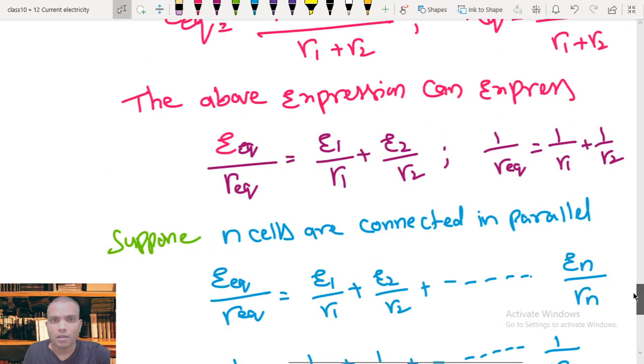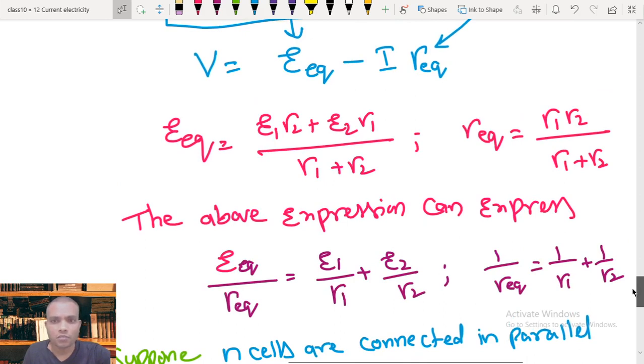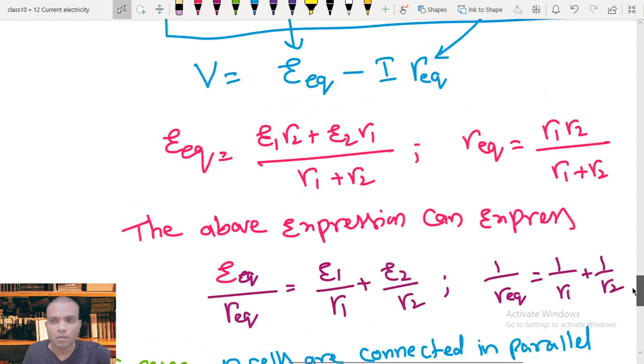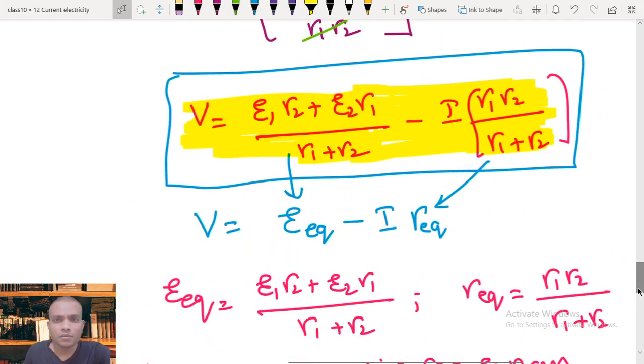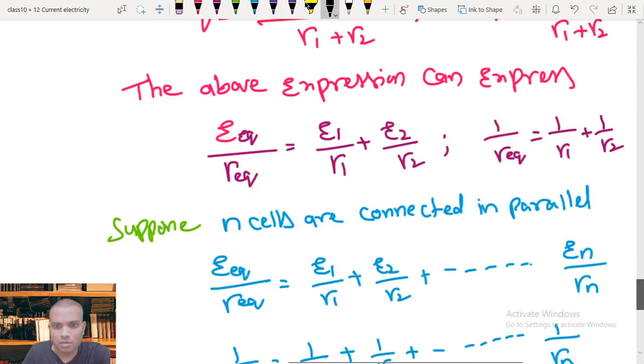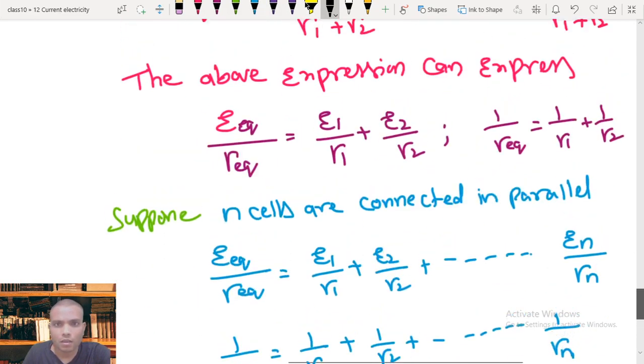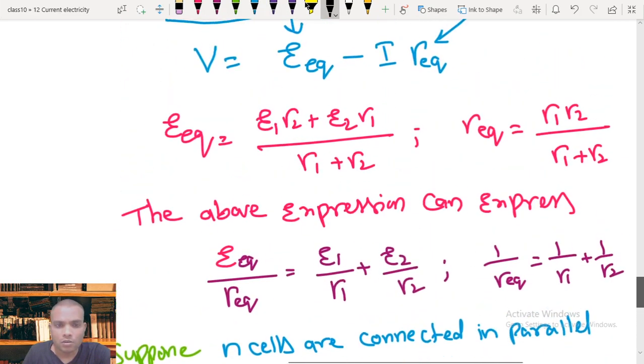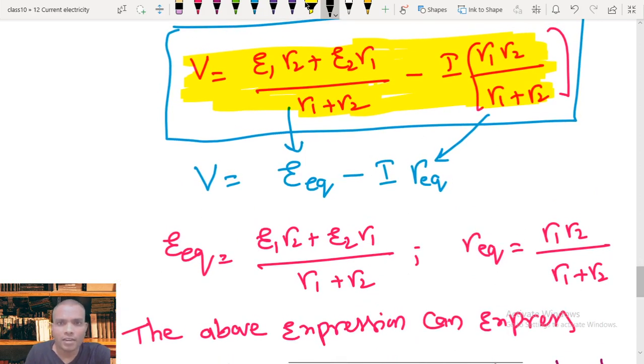So this is the final expression for the EMF. I would like to encourage you to remember this E equivalent upon R equivalent form to find the terminal potential difference of cells connected in parallel.